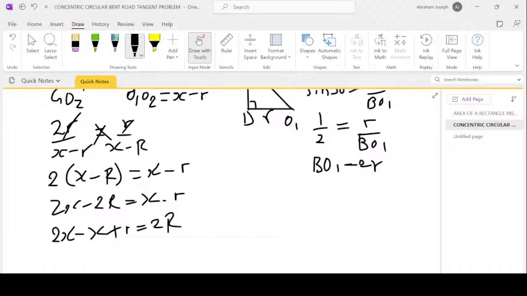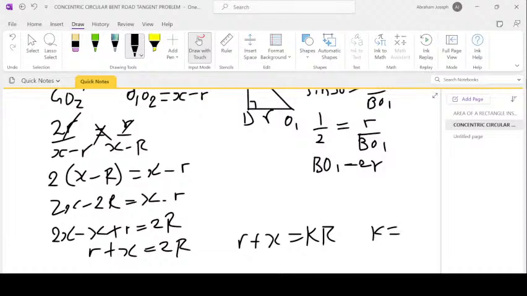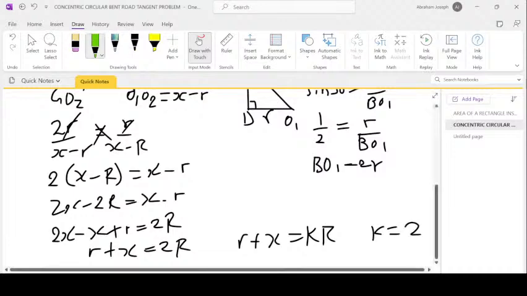So 2X minus X is X, and X plus R is R plus X. So R plus X is equal to 2R, which is the same as what they asked us to prove. What they asked us to prove is R plus X equals kR. So when you compare the two equations, k has to be 2.